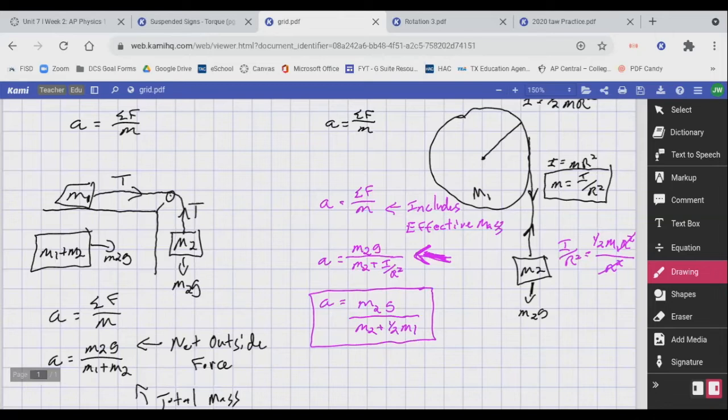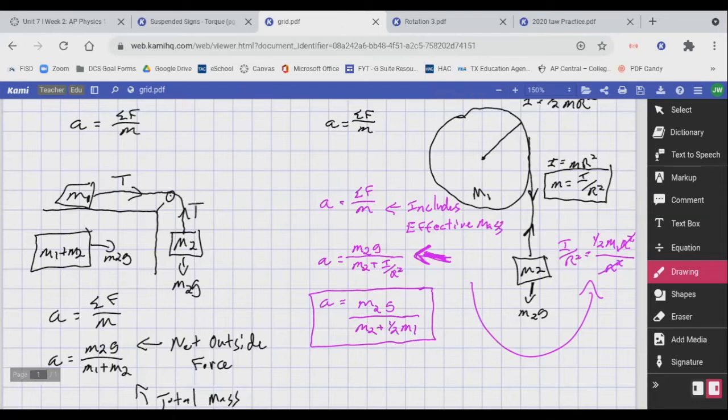So 1/2 mr squared divided by r squared is the effective mass. That's when I came over here and solved for this particular problem. For this problem, I is 1/2 mr squared. If I have r squared on the top and r squared on the bottom, they cancel. And that left me with 1/2 m1.